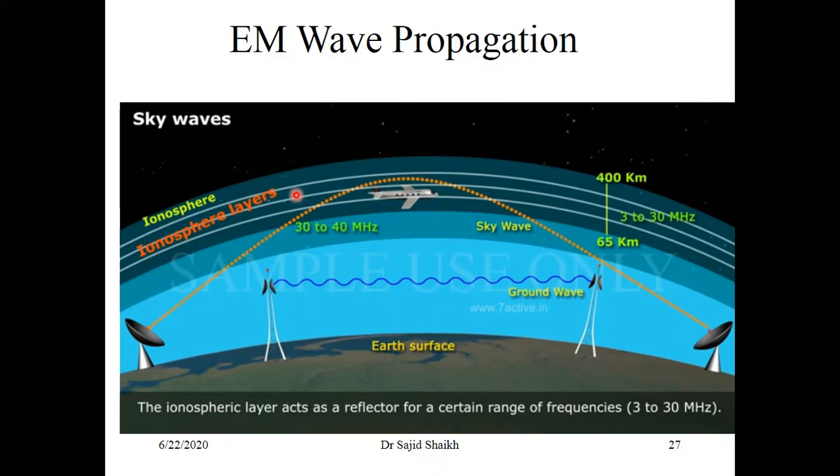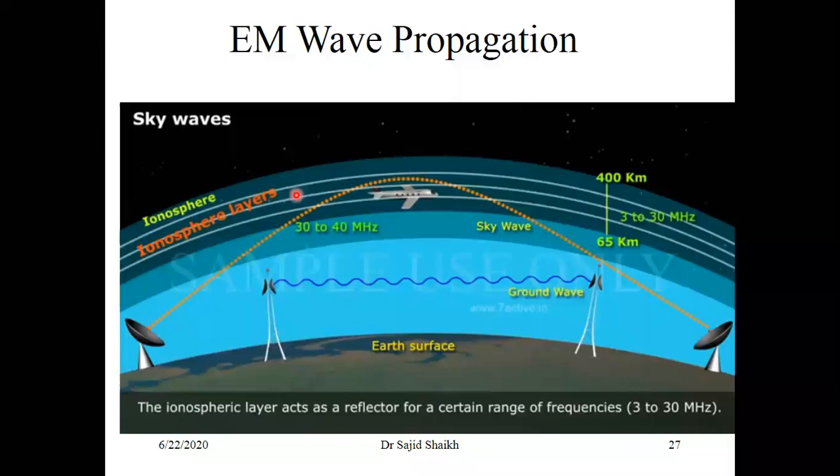The role of these layers is that they have a very good property of reflection of electromagnetic waves. In other words, these layers reflect the electromagnetic waves.